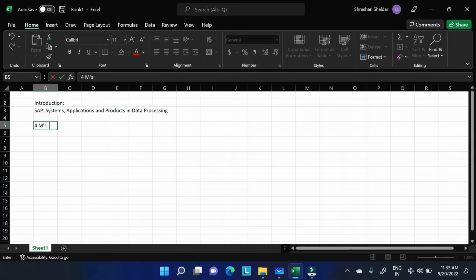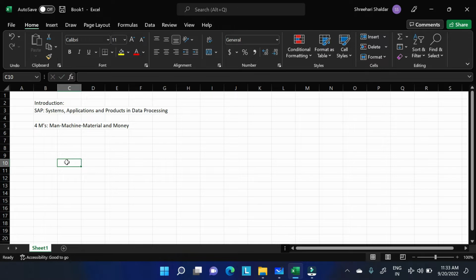What do these 4 M's refer to? One is man, machine, material and money. Whatever the industry you take, all industries run on these 4 M's, and SAP is also saying the same thing: systems, applications and products.